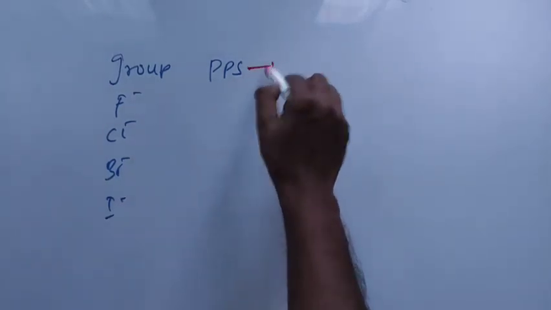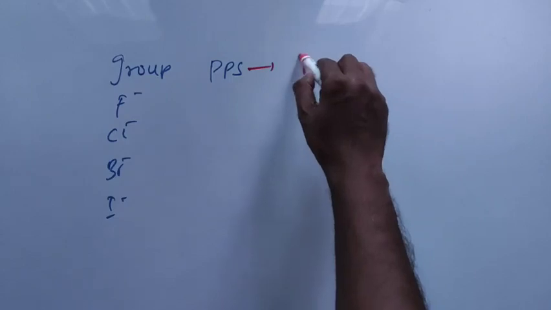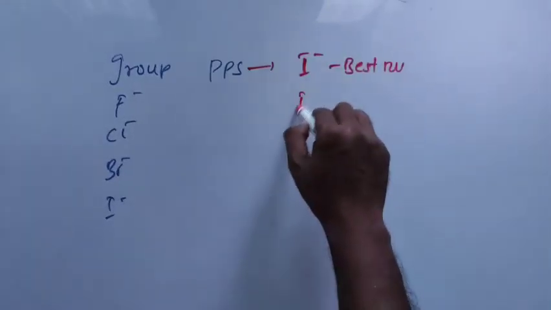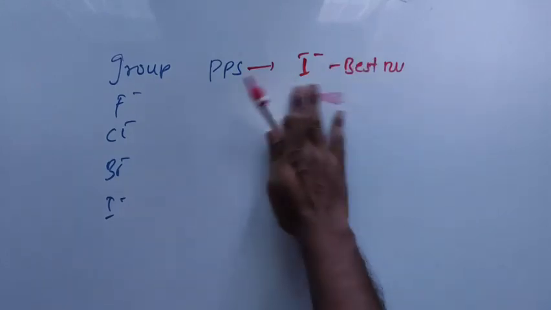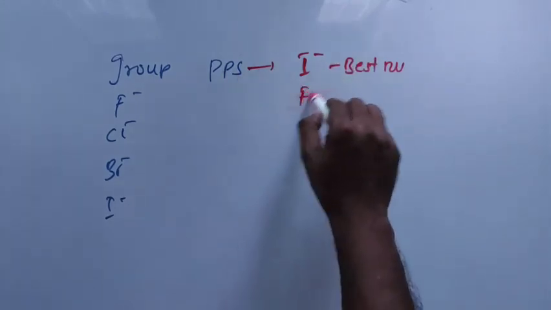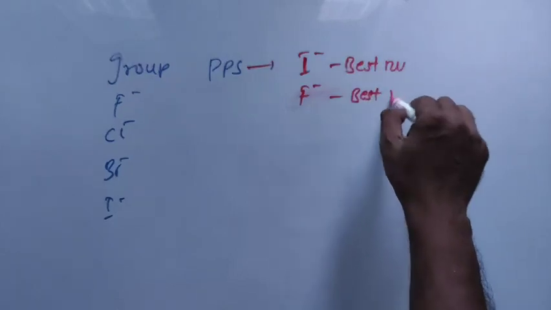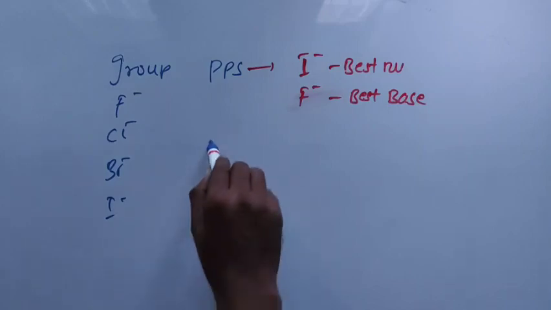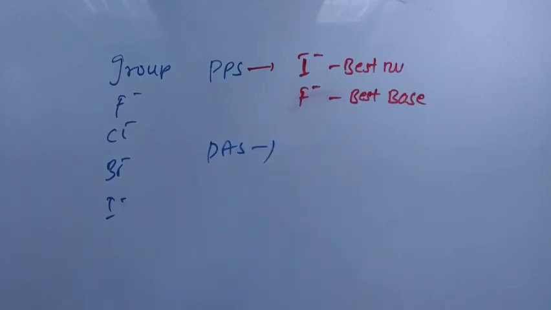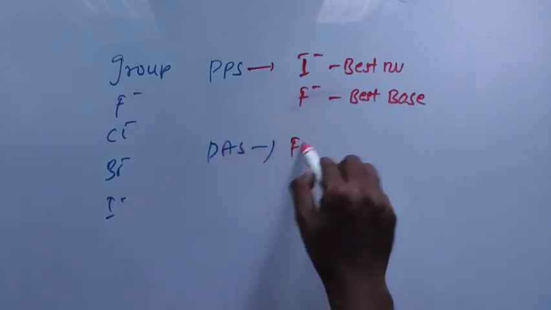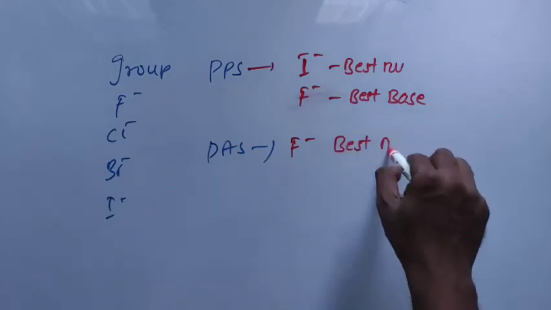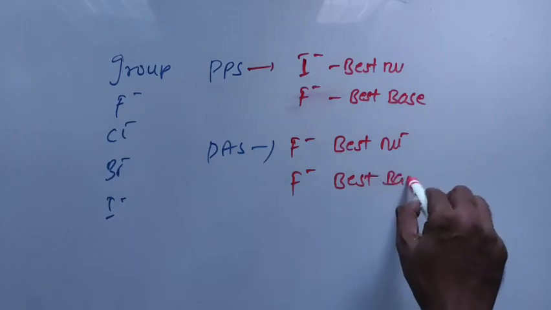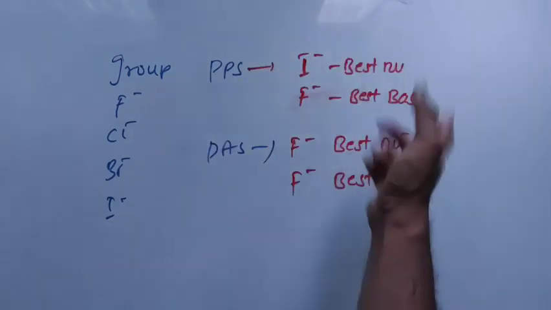In polar protic solvent, I minus is the best nucleophile and F minus is the best base. Similarly, in polar aprotic solvent, F minus is the best nucleophile and F minus is the best base.